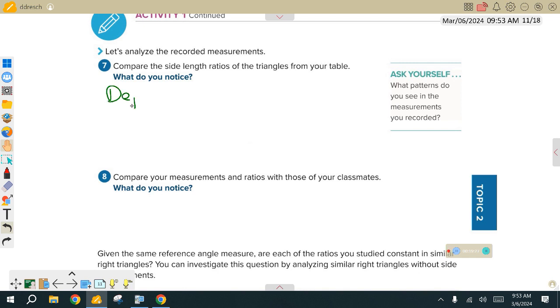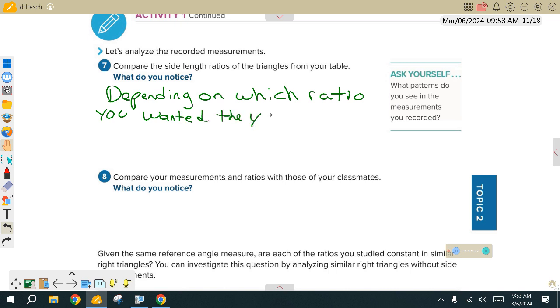So depending on which ratio you wanted, they were the same since they are similar.